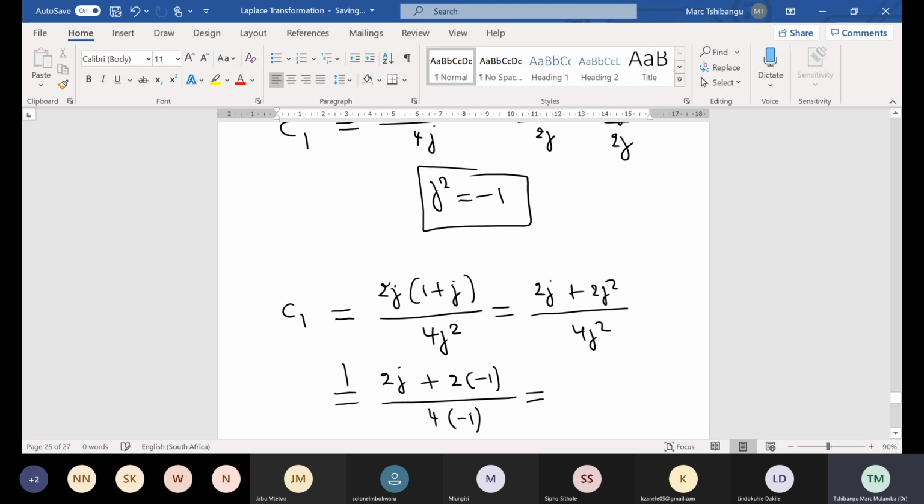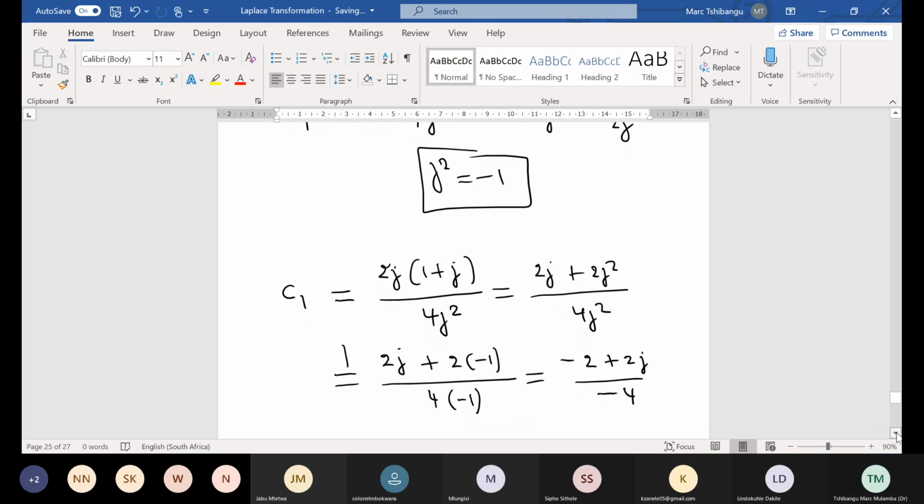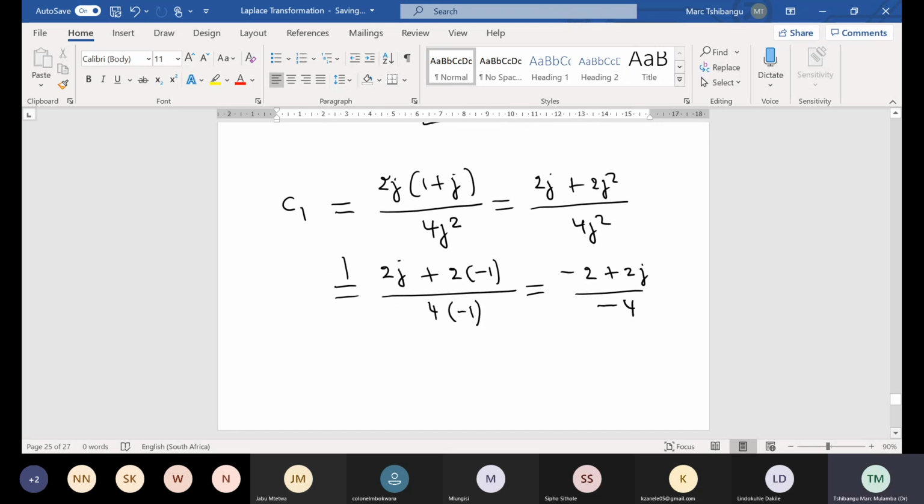And this will be equal to -2 plus 2j over -4. You can simplify further so that C1 becomes 1 minus j over 2. All right, you can just take the -2 out.